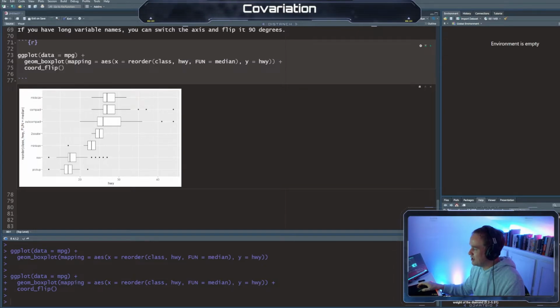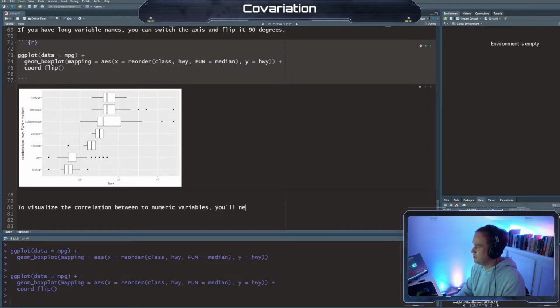So with numeric variables, right? So let's see. Let's visualize the correlation between two numeric variables. Sorry, we'll use continuous, it's probably better.